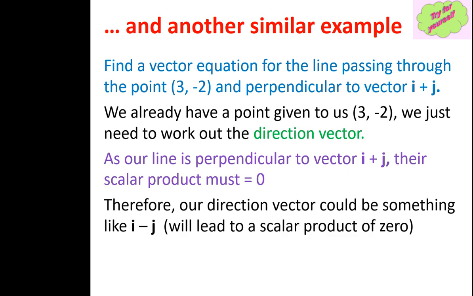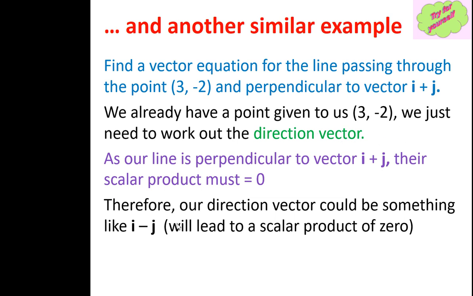Therefore, our direction vector could be something like i - j, because this would lead to a scalar product of 0. If you worked out the scalar product, you'd get 1 times 1 plus -1 times 1, which equals 1 - 1, which is 0.